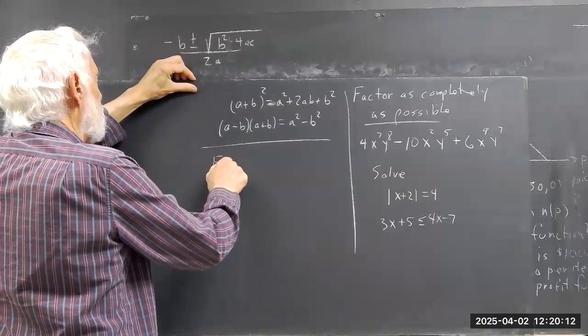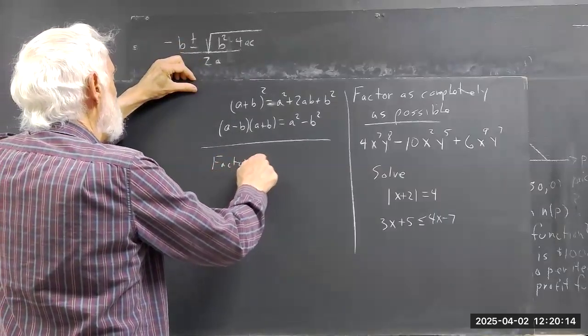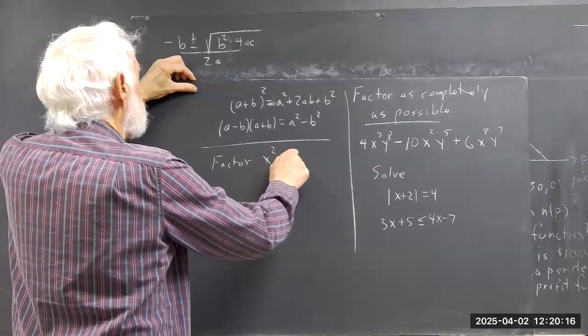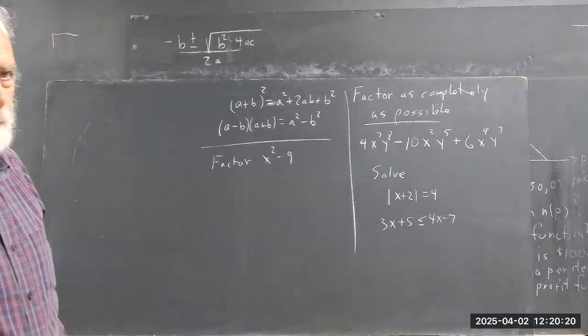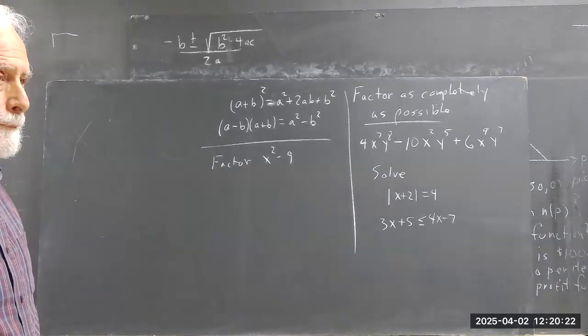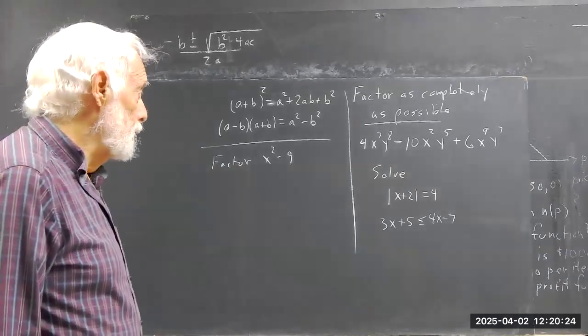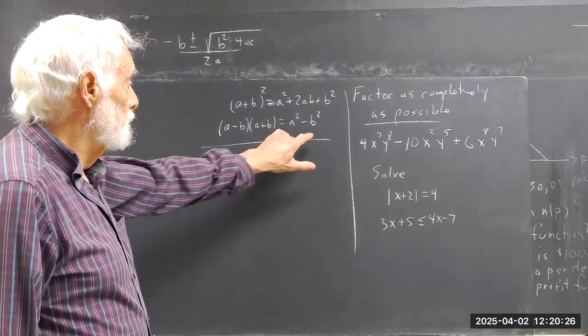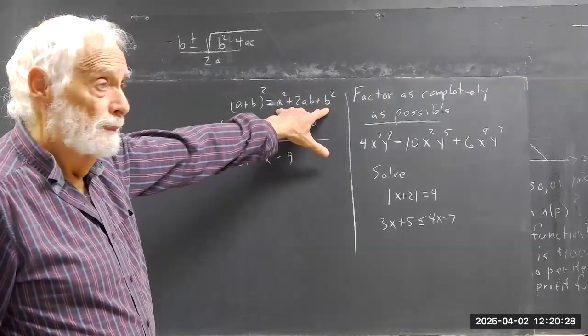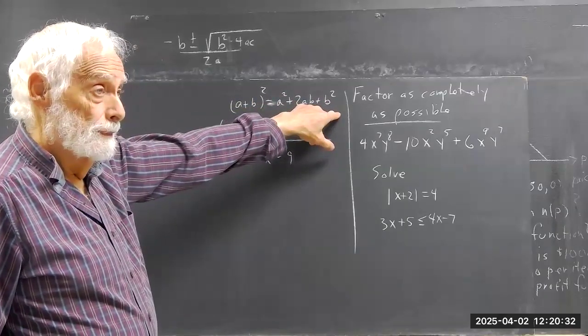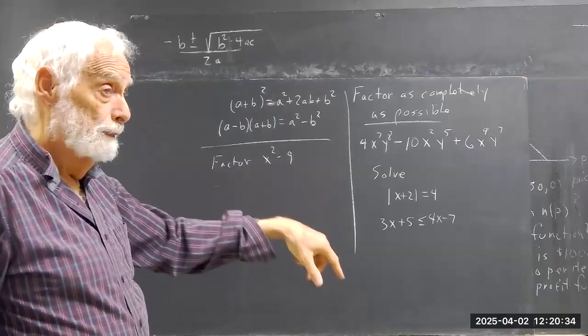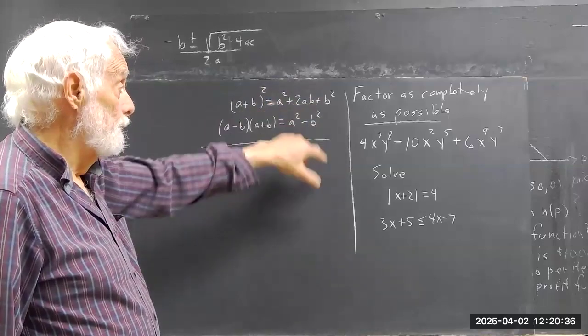How about this now? Factor x squared minus 9. Okay. Now, is x squared minus 9 in this form? Well, this has 3 terms. This only has 2. So it's not in this.